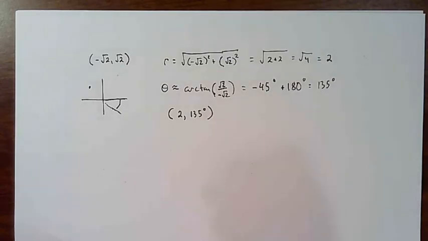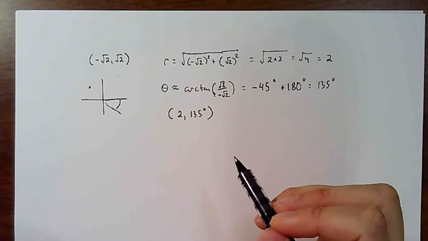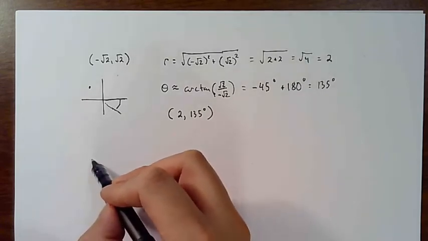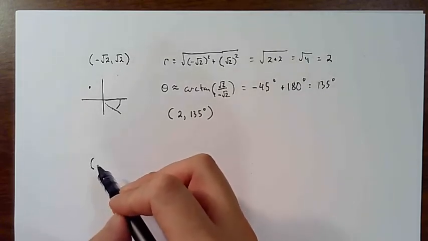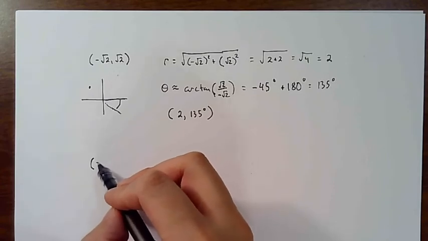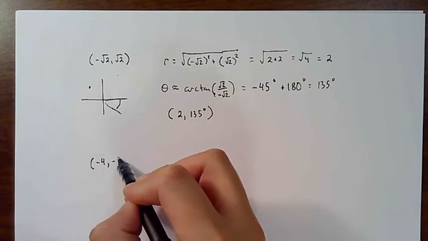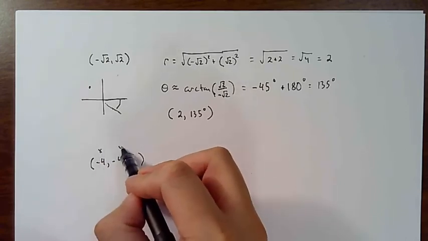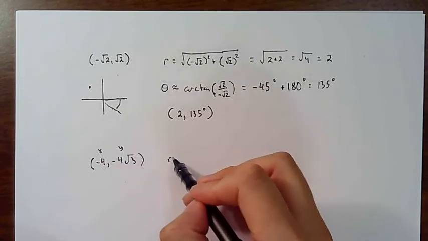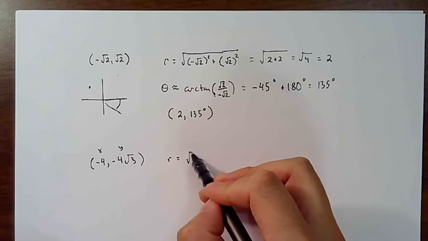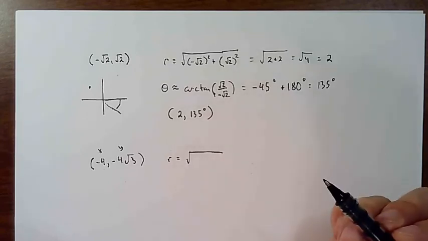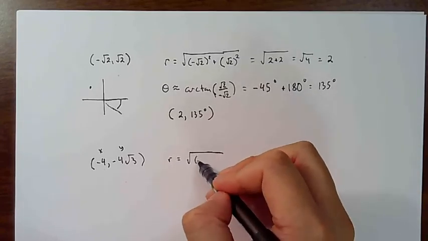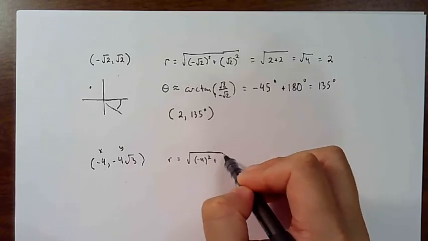Okay, so one last one. Negative 4, negative 4 square root 3. And again, this is x and y, so we use our conversion factor, like so. X squared is negative 4 squared.